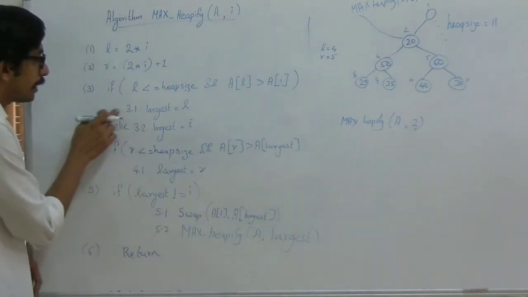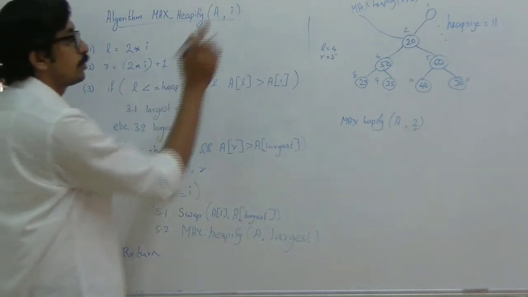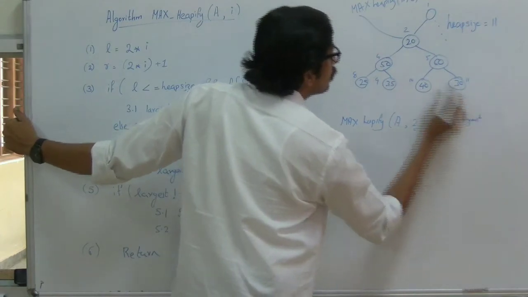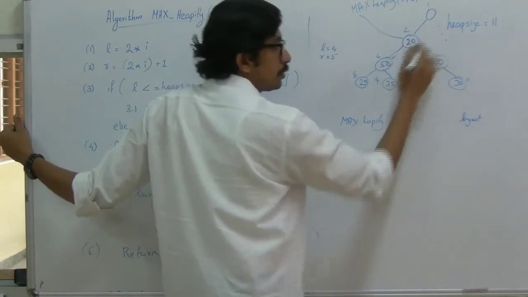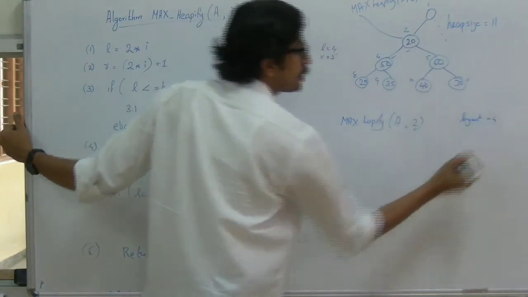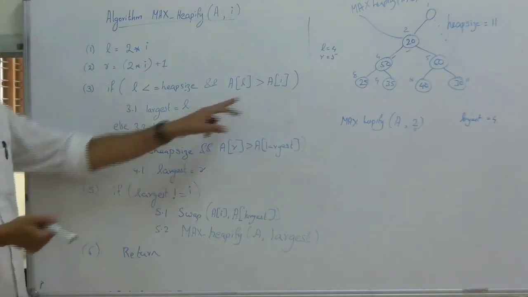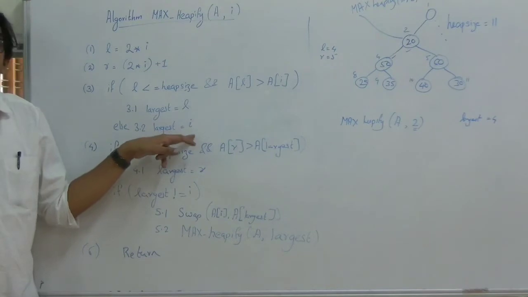So we are making a modification. We are setting largest as left. So we are introducing a new variable which is largest. So we have checked these two nodes, and between these two nodes, largest is index position 4. So we have updated that. Suppose if this condition is false, then we are setting largest as I itself.